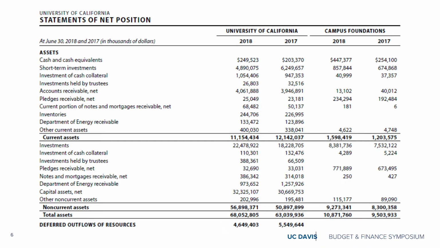These are pretty big numbers. This is all available on the OP website. I'll point out quickly that if you do the math, you won't get there, because there are deferred outflows of resources that act kind of as assets, but they're not technically termed assets. Those are really a function of our pension and post-retirement health liabilities. I'm not going to go into too many details because that would get really boring.